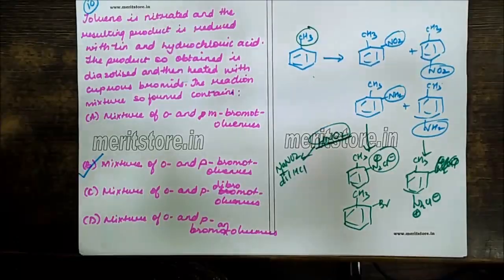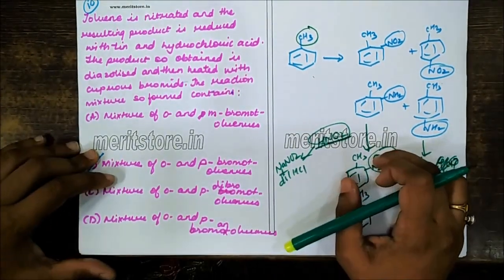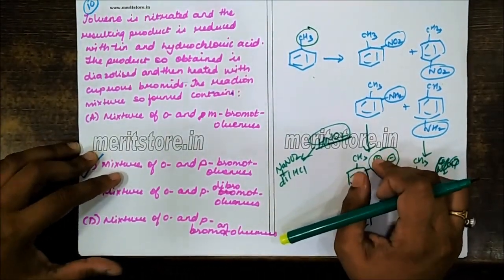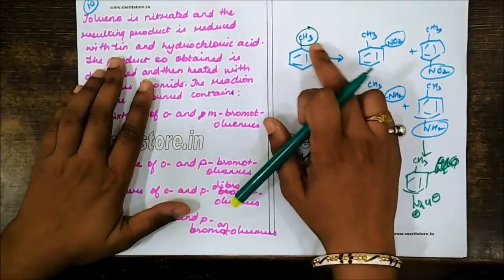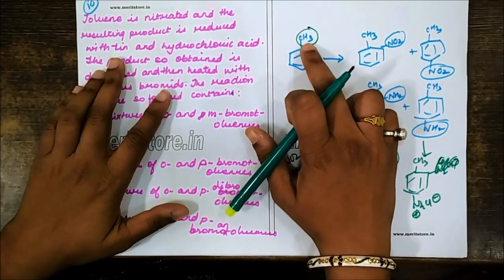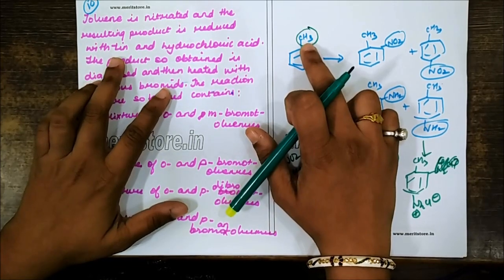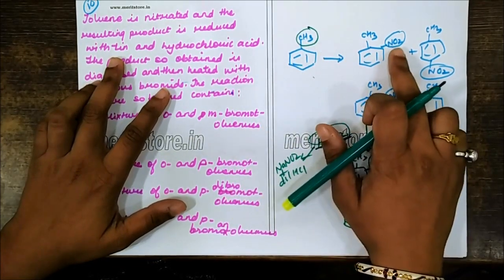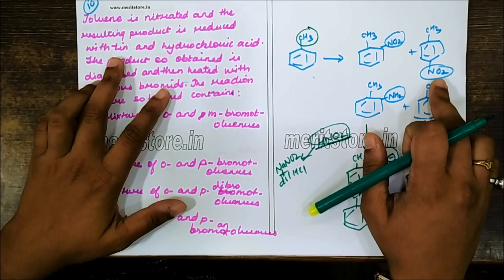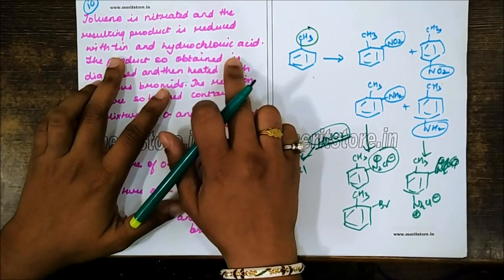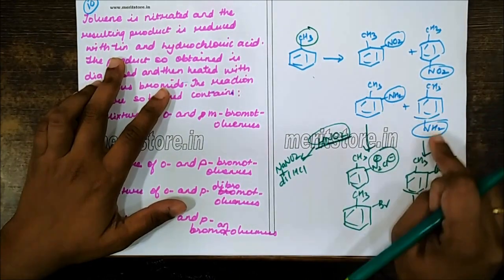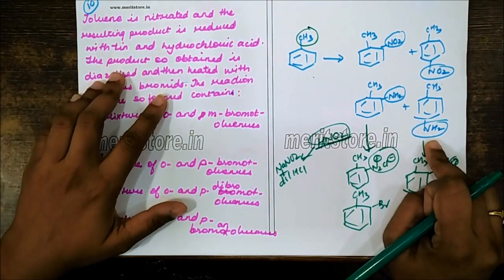Next question is the toluene is nitrated and the resulting product is reduced with tin and the hydrochloric acid. In case of toluene, we have a methyl group which is ortho and para directing group. So the nitration will take place at ortho and the para. Next, when it is reduced with tin and HCl, the NO2 group will be reduced to corresponding NH2.